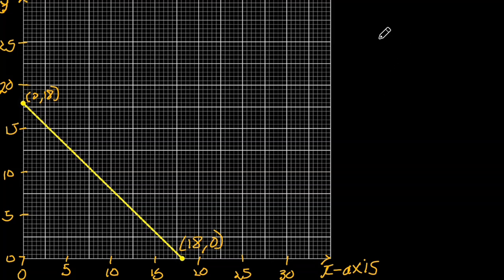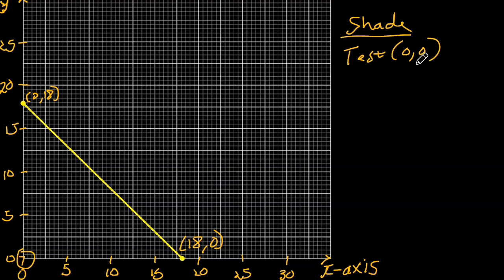Now the next thing is, where am I going to shade this line? I can use a test point. My test point in this case is (0, 0), and (0, 0) is below this line, which is at this point. I am not going to choose another point on this side. So this point (0, 0) shall be my test point.